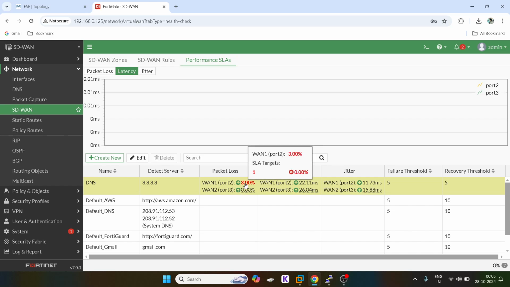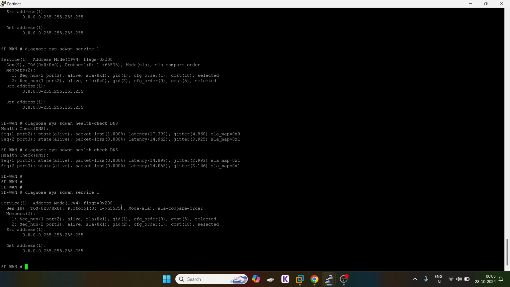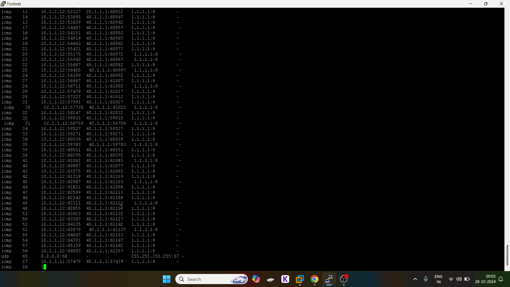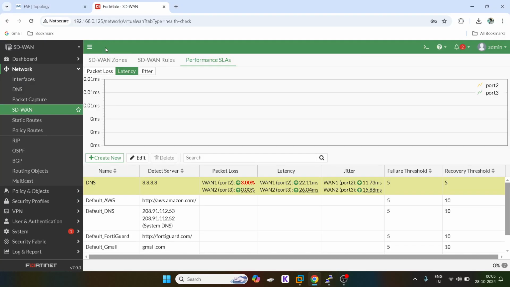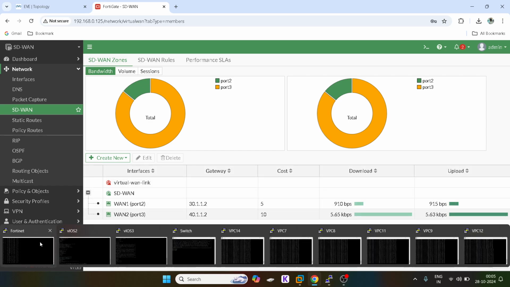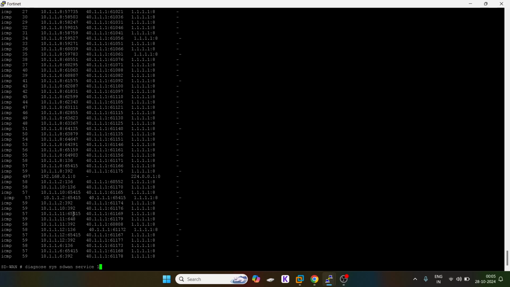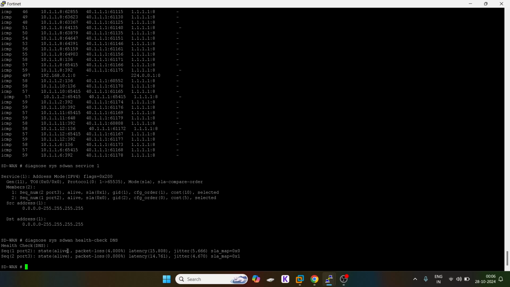You can see WAN 1 has packet loss. If you go in FortiGate and run get system session list, you can see all the traffic is going via 40 only, which is port 3, because port 2 has packet loss.